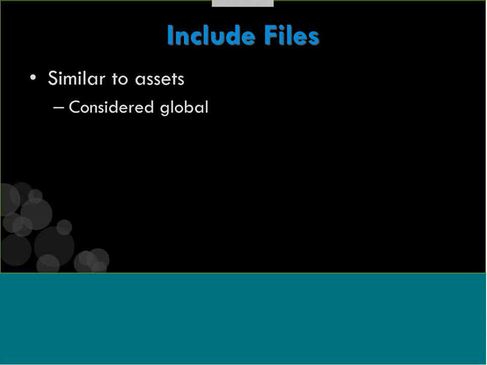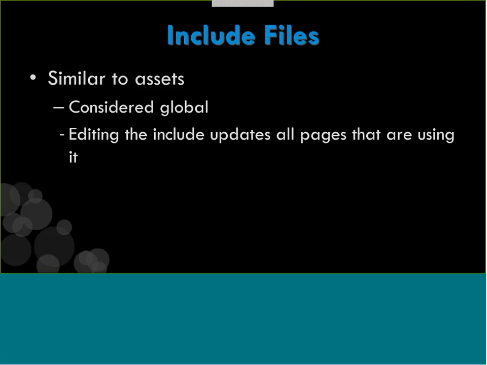By global, I just mean that when you put an include file on a page, every page that uses that include file is updated as soon as that include file is updated. So very similar to assets in that sense. When you edit the include, as soon as that include is republished, all the pages that are using it are also updated accordingly. Same thing as assets.